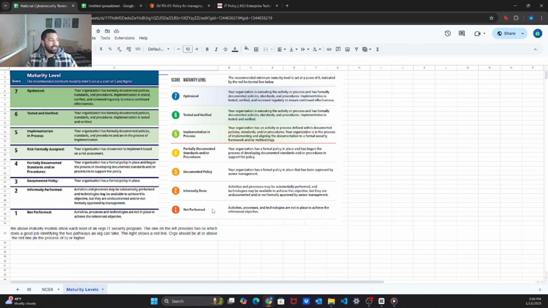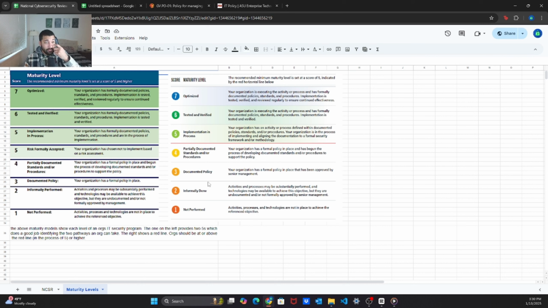And then moving up to 2, informally done, which means at an ad hoc level. So as it says here, I'll just read it. Activities and processes may be substantially performed and technologies may be available to achieve this objective, but they are undocumented and or not formally approved by senior management.